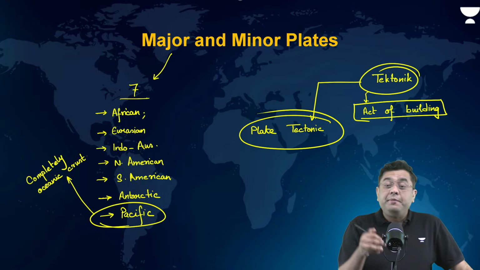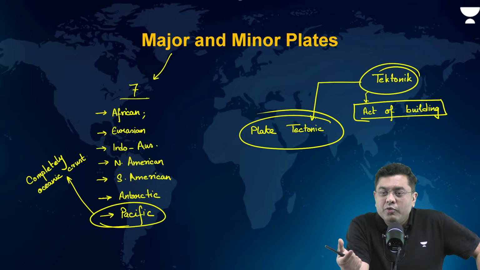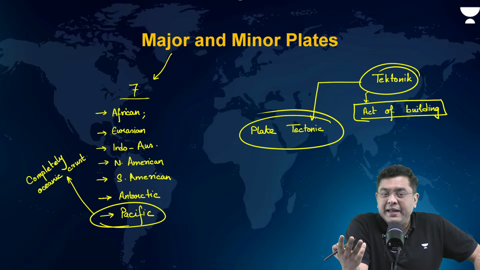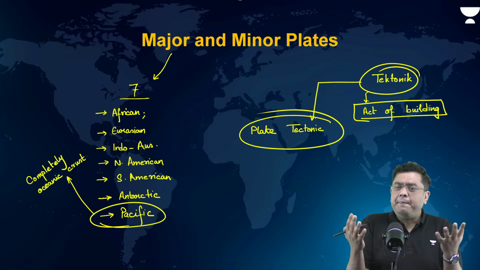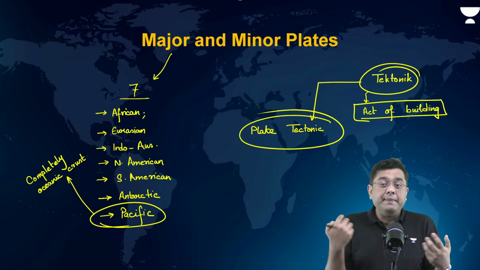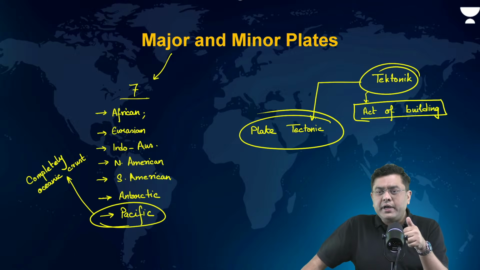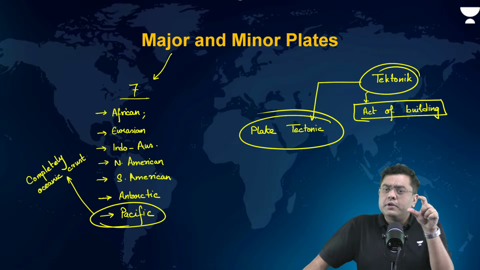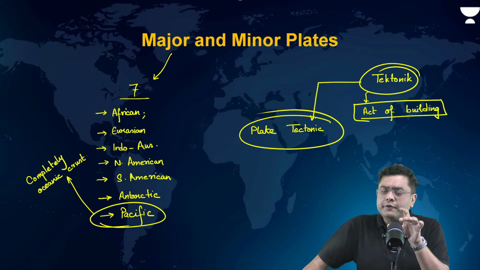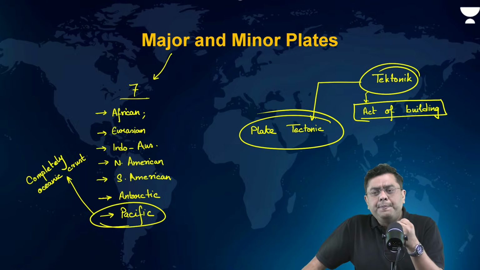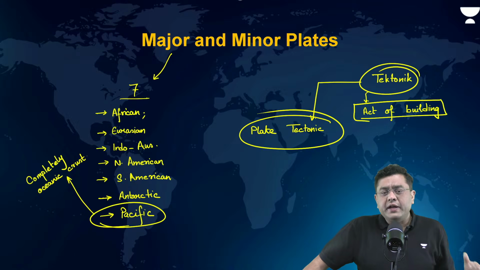That is how the term plate tectonic was arrived at. So this is what actually meant that multiple plates, major and minor plates coming together, moving away from each other, that is what is creating the various different mountains, landforms, etc.